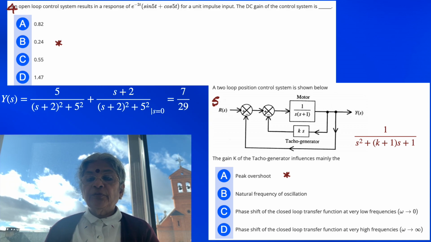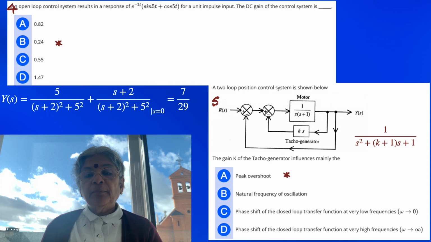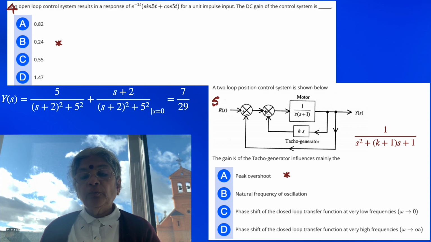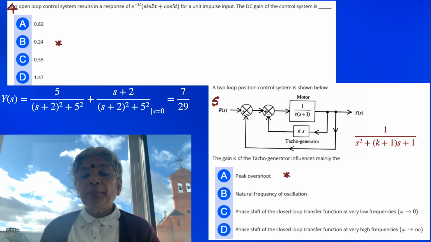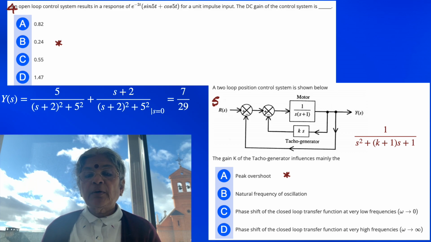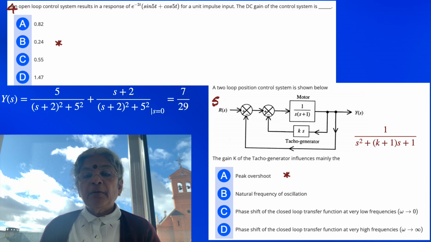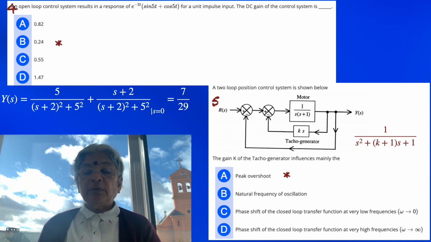From the first loop, you obtain 1 by s square plus (1 plus Ks) s. Then from the unity feedback loop, we already had 1, so 1 remains there, and then you have s square plus (K plus 1) s plus 1, because the numerator never had anything other than 1.